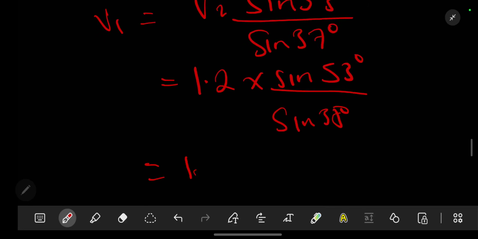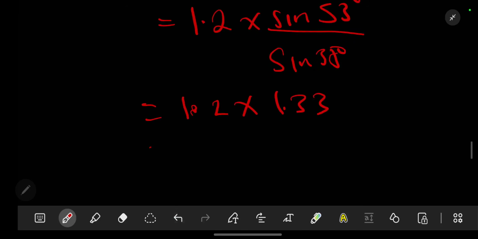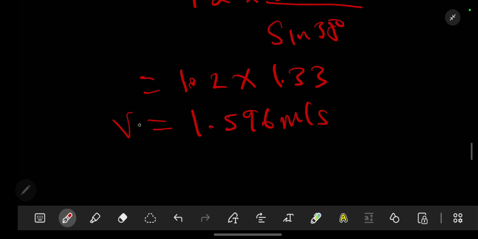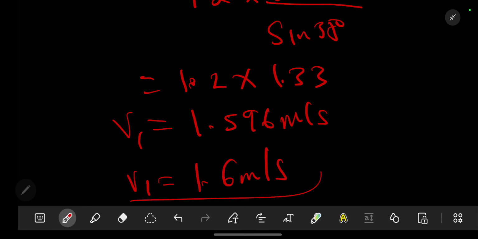This gives us a value equivalent to 1.333. When we multiply 1.2 times 1.33, this gives us 1.596 meters per second, which can be written as V1 equal to 1.6 if rounded off. So this is our V1 like that.